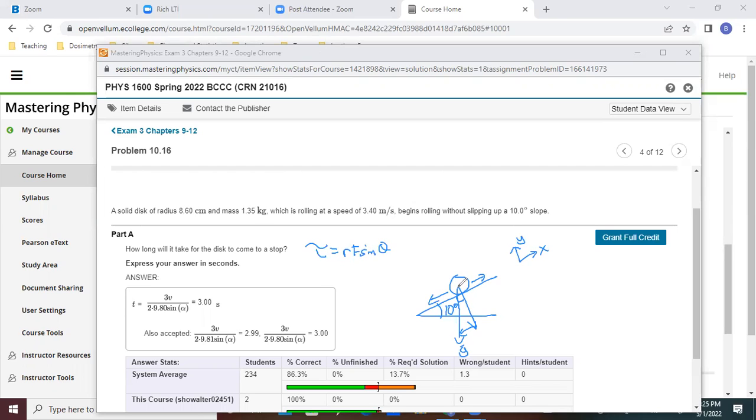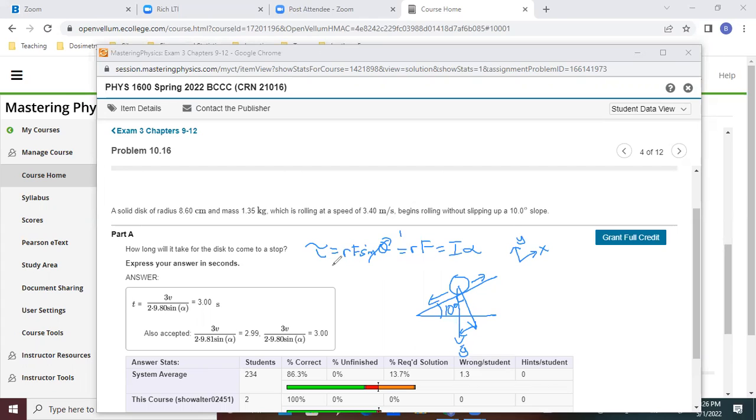Here you've got the force going this way, you've got the radius going this way, so essentially the sine of theta ends up being 1. Another way, of course, to write torque, which again is rolling this way, which means the force is going this way, is the moment of inertia times the angular acceleration.